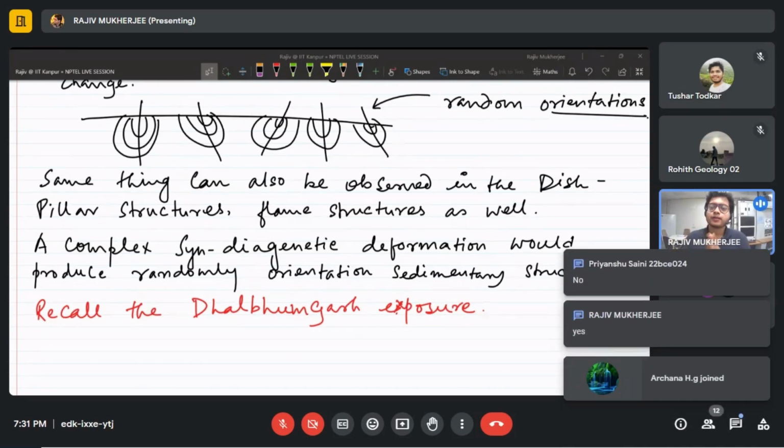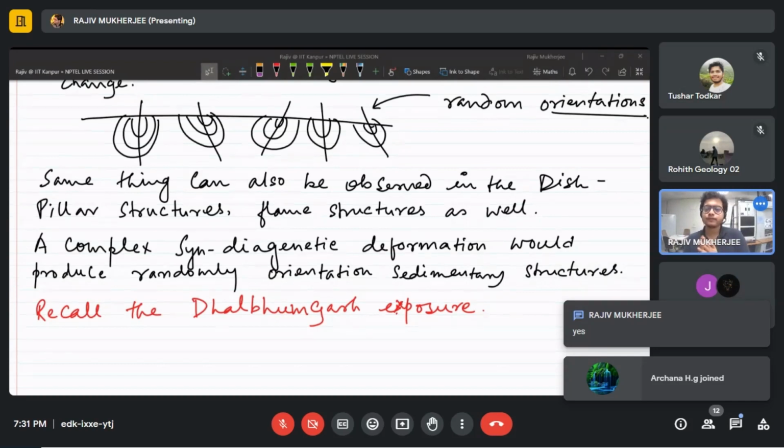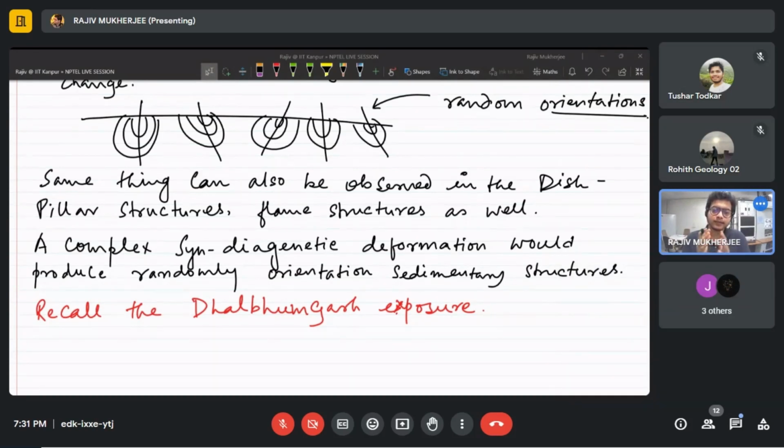Okay, so this Dhalbhumgar exposure is one of the finest exposures in this eastern region, the Singhbhum shear zone or Singhbhum craton, where we find these kinds of syn-diagenetic deformation structures.